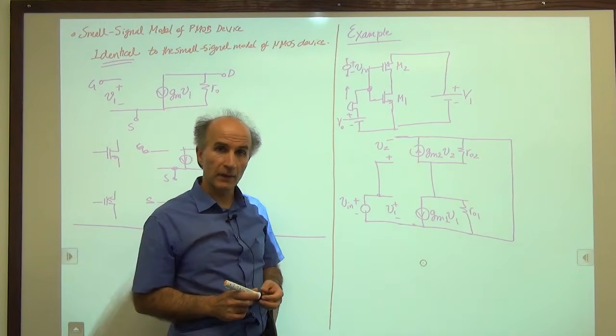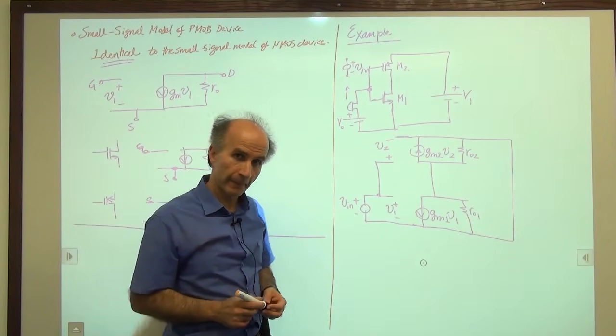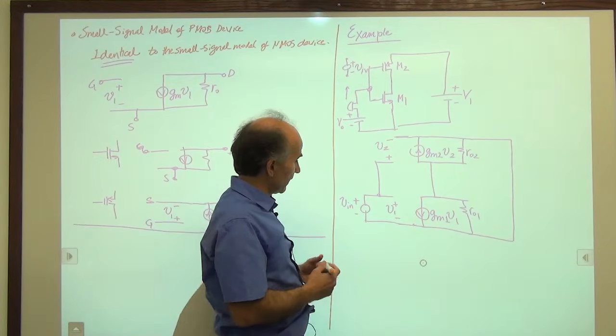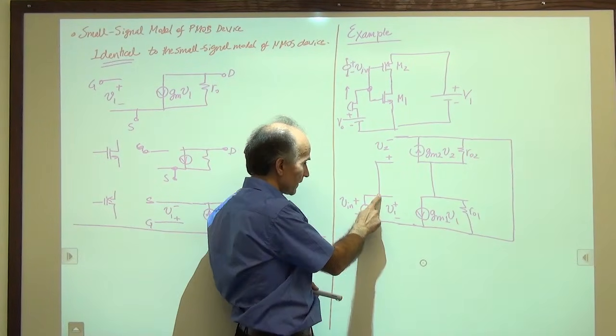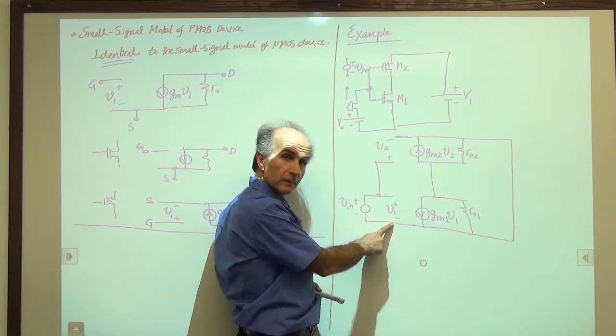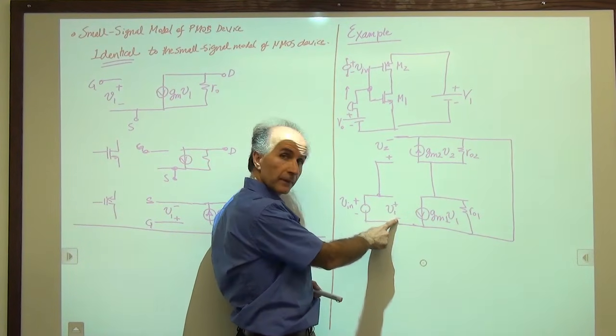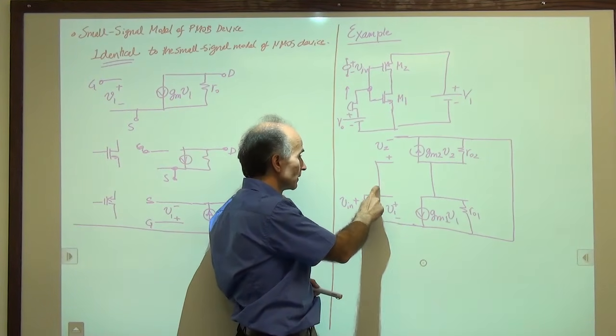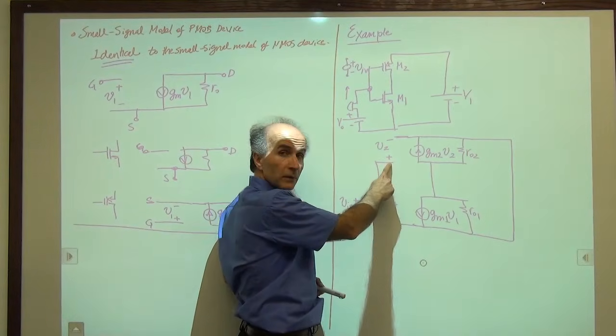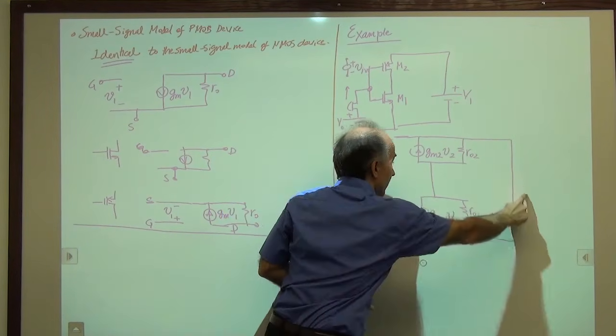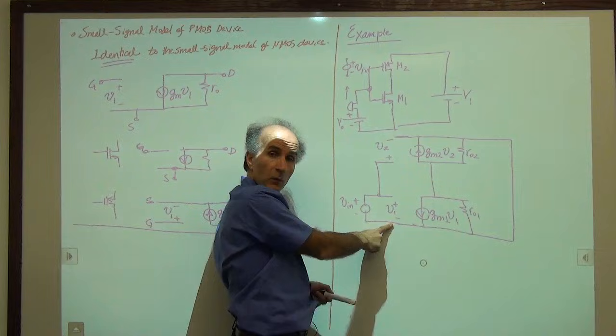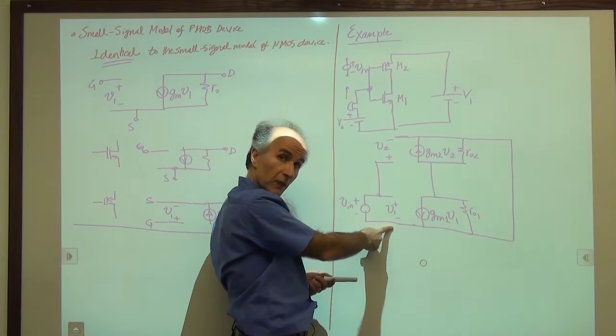Are these two voltages equal? Yes, because V1 appears between this node and this node. Positive here, negative here. V2 appears between this node and the same node. So V1 and V2 are equal. That's pretty good.